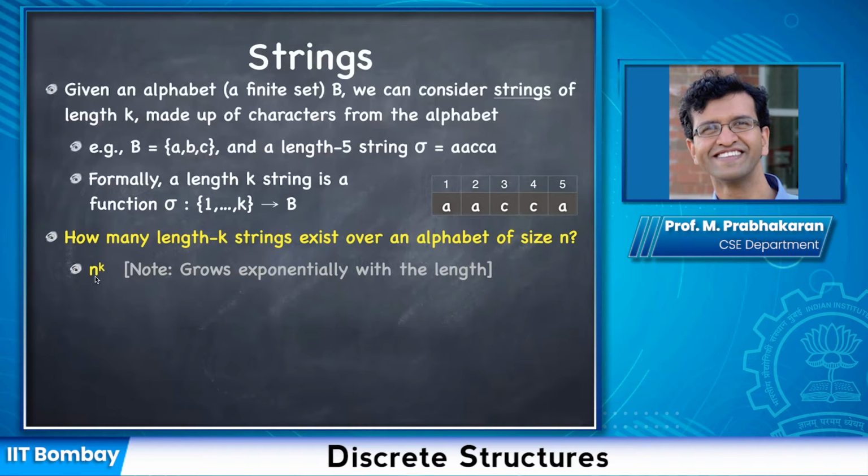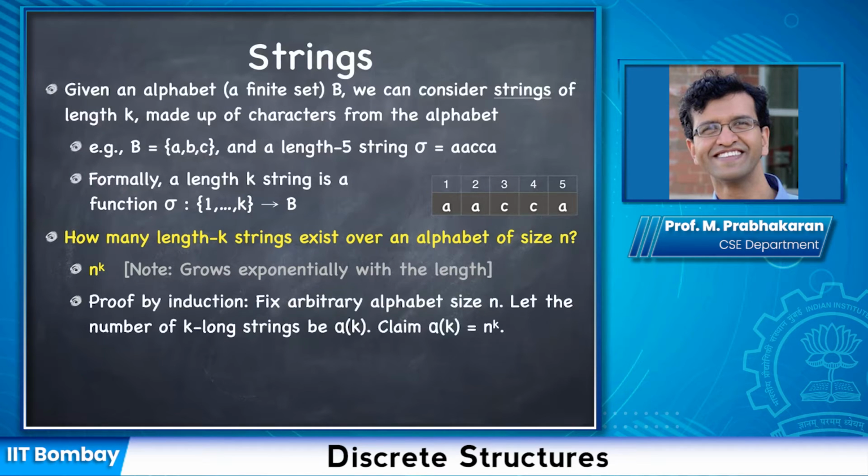On the other hand, if I fix k to be a small number, say 2 or 3, talking about length 3 strings, and I let the alphabet size grow, it's only growing polynomially. If k equals 3, it's n cubed. As n grows, it's growing only polynomially. That's just something to bear in mind.